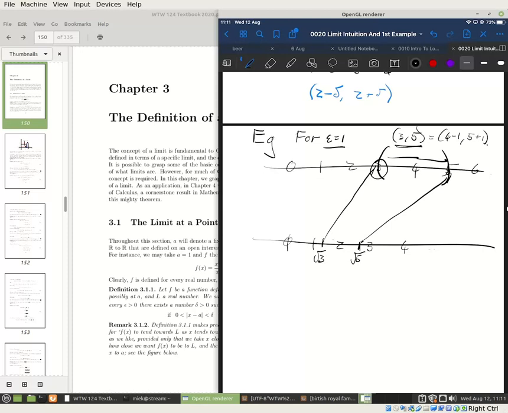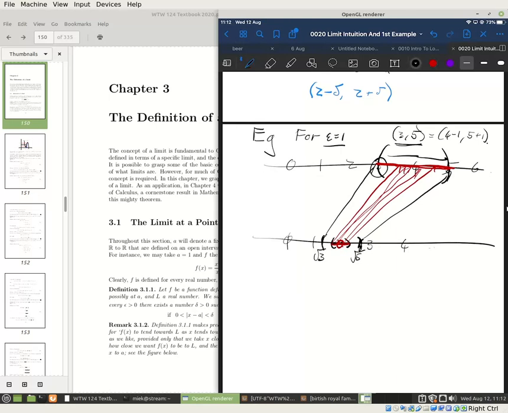So if we take any interval that fits in between these two numbers, square root 3 and square root 5, any one of those intervals, then if we look at these numbers excluding 2, they will be mapping into this interval over here, like so. And we should be able to do that for any epsilon.